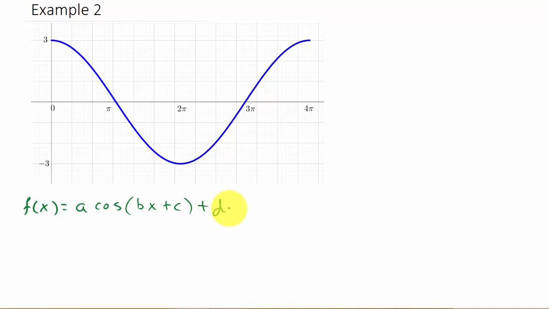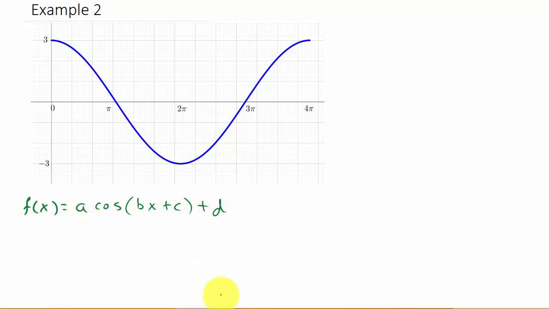So we know a, that's the amplitude. C tells us if there's a horizontal shift, and d tells us if there's a vertical shift. So we can get those real quick, c, d, and a.